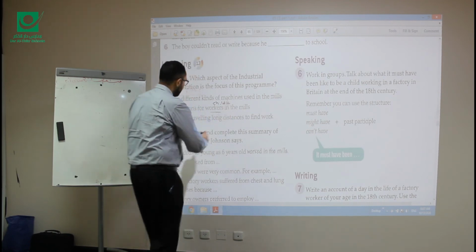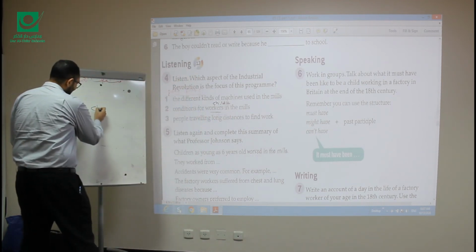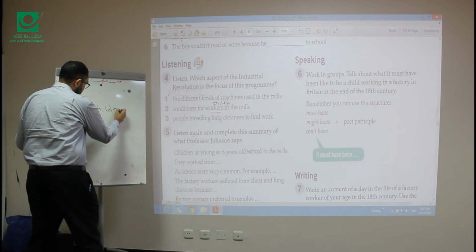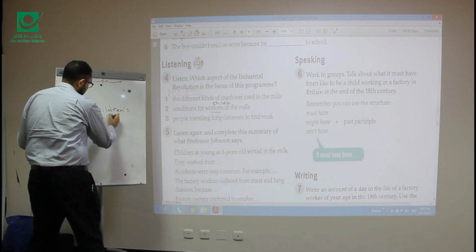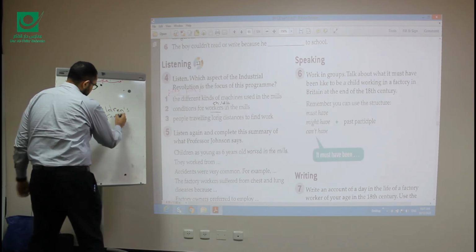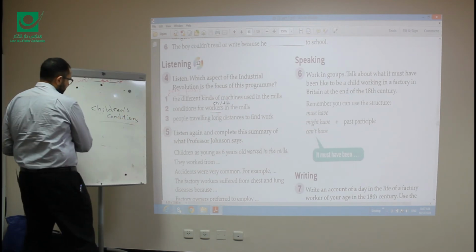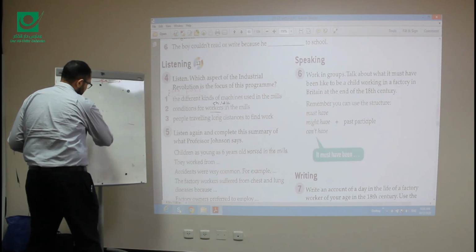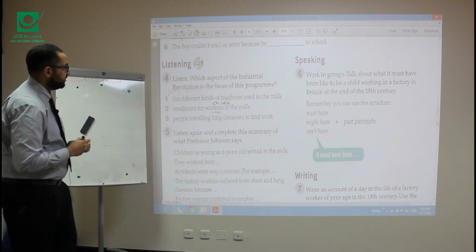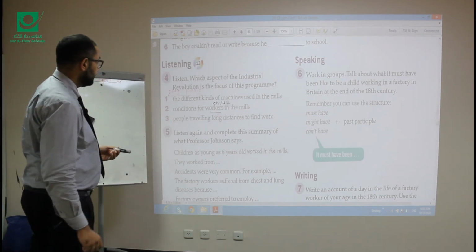This is erasable, so I can make it here. Children's conditions. You can add this. Okay, this is one thing that you need to matter.